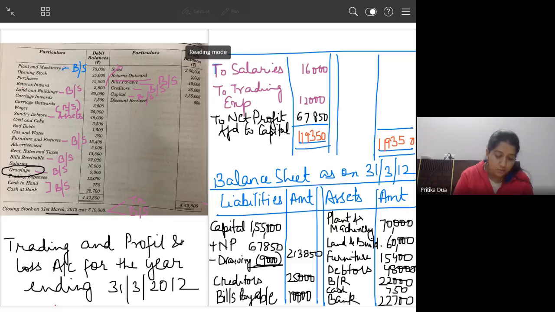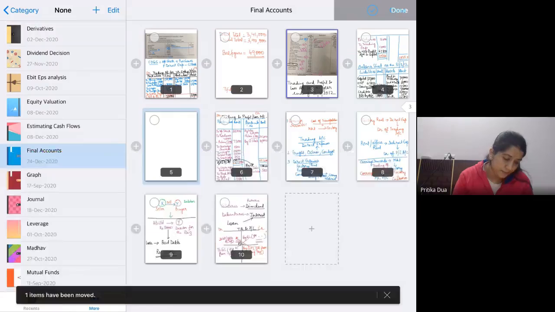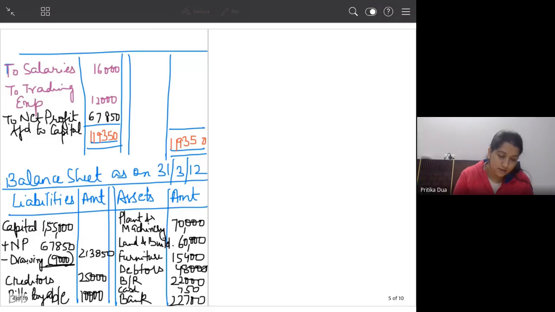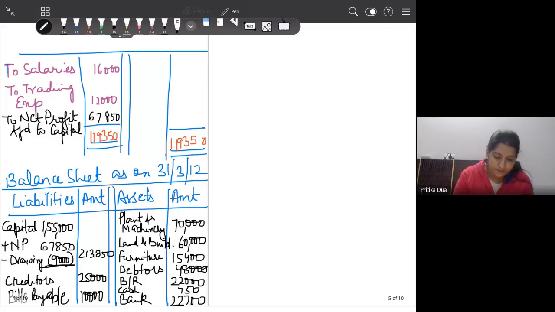That is the amount of net capital you have at the year end. So now we will tally both the sides. So let's see what is the total coming to on the liability side and on the asset side.